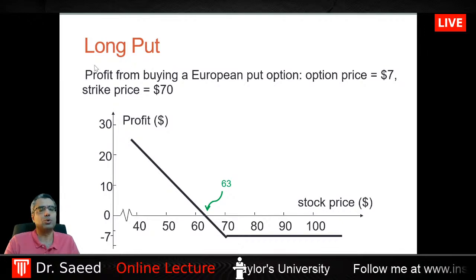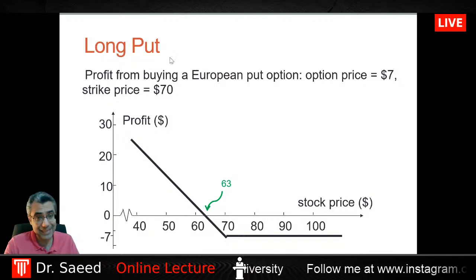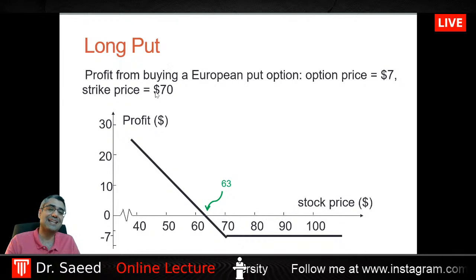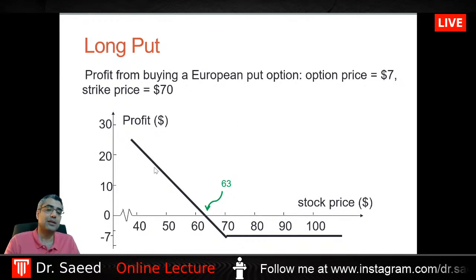This means you have the right to sell the underlying asset at $70. So later, suppose the underlying asset price drops to $50. You still have the right to sell it at 70, but in the market the price is 50.